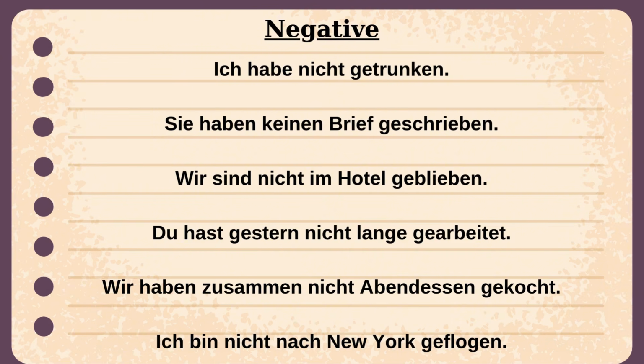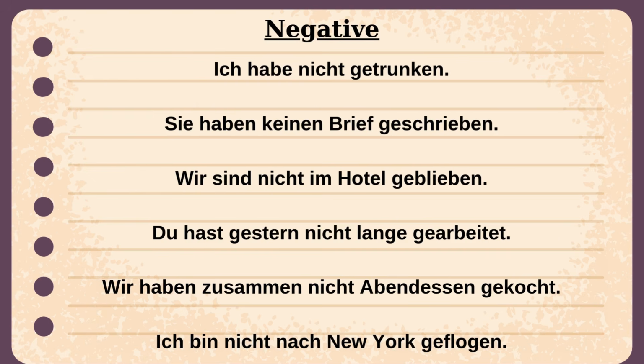Look at the examples. Ich habe nicht getrunken. Sie haben keinen Brief geschrieben. Wir sind nicht im Hotel geblieben. Du hast gestern nicht lange gearbeitet. Wir haben zusammen nicht Abendessen gekocht. Ich bin nicht nach New York geflogen.